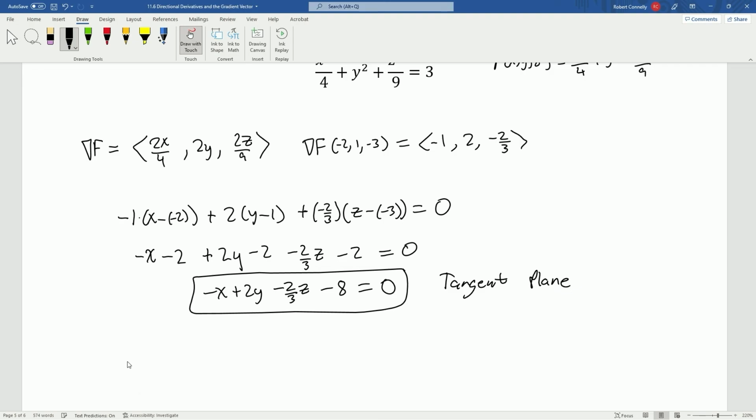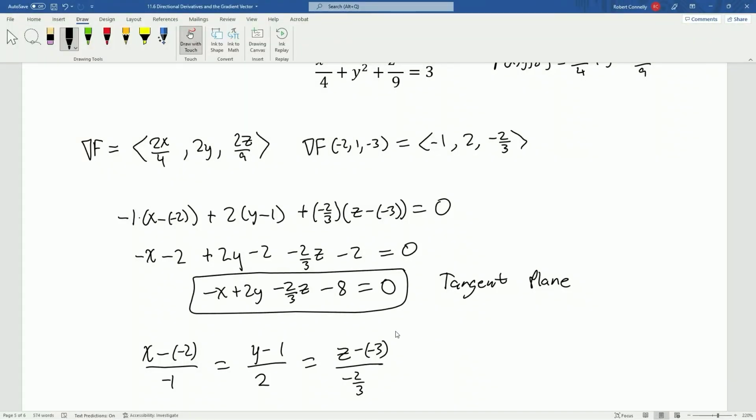And lastly, for our normal line, what do we get? We get x minus x naught over the partial derivative of f with respect to x, which is -1, equals y minus y naught over the partial with respect to y, equals z minus z naught divided by its partial.